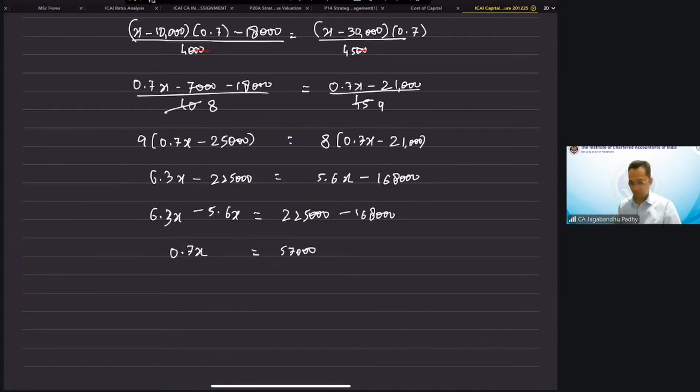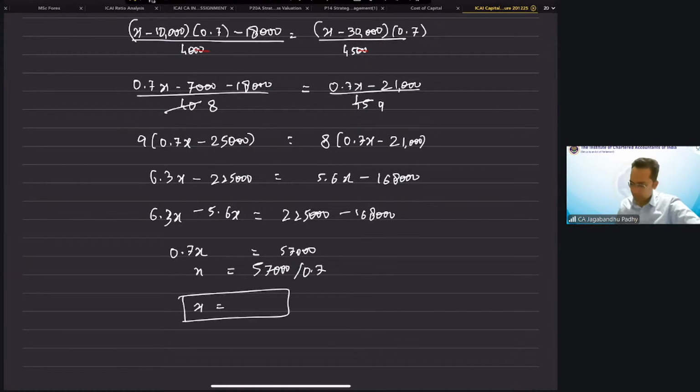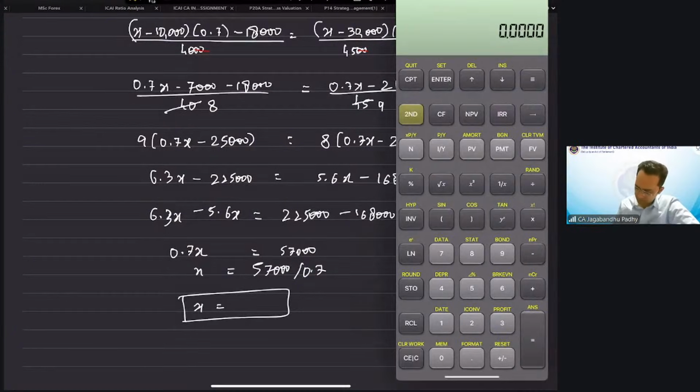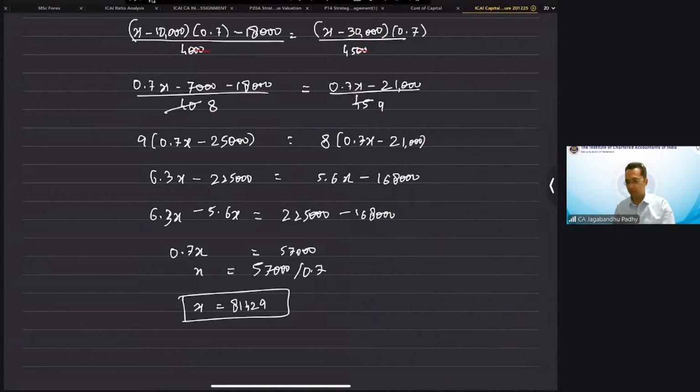Yeah. 25,000 plus 32, yeah, 57,000. And then we get the x value as 57,000 divided by 0.7, which is 81,429. That's the value of x, guys.